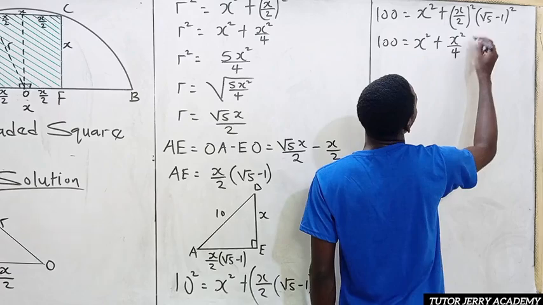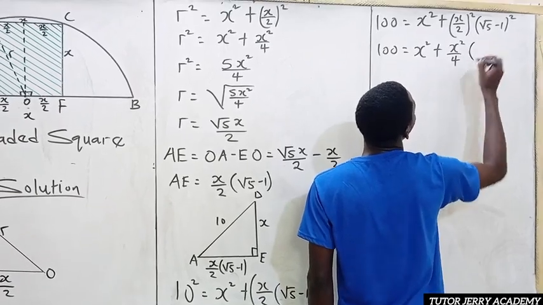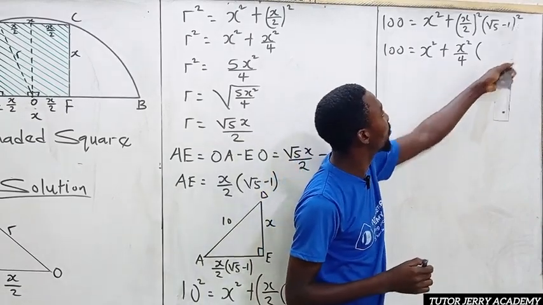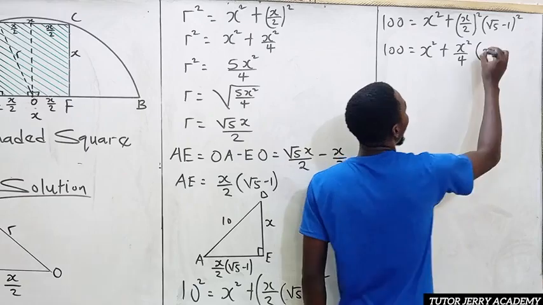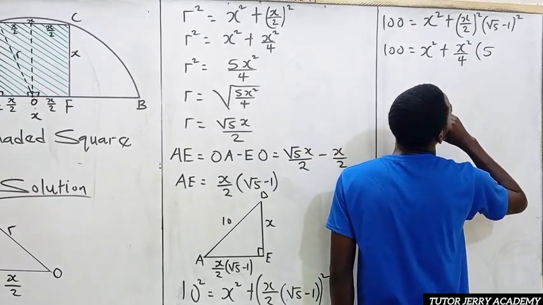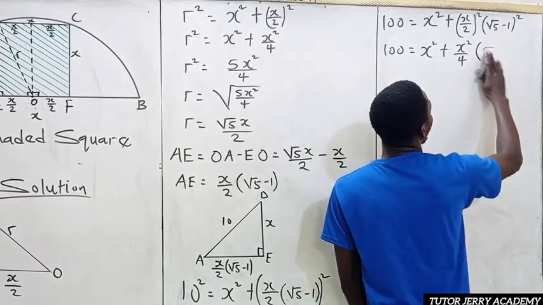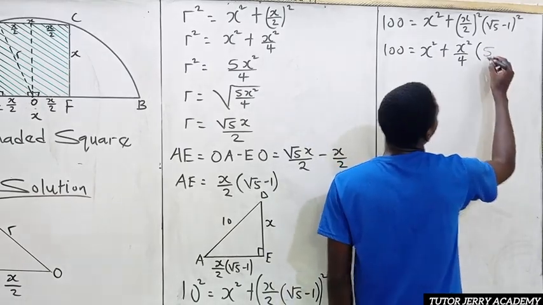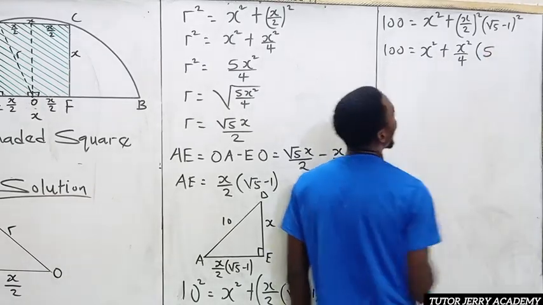Then here, if we expand this, if I put my square on this, I'm going to have 5. Then this multiplied by this, or let's just leave it the way it is for now. Let's carry it out. So we are going to have 5.